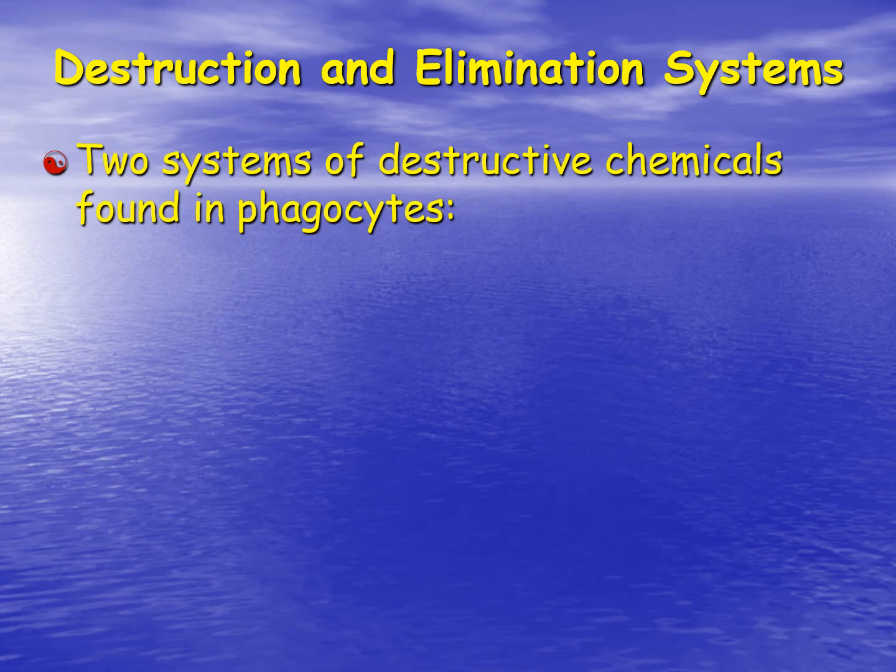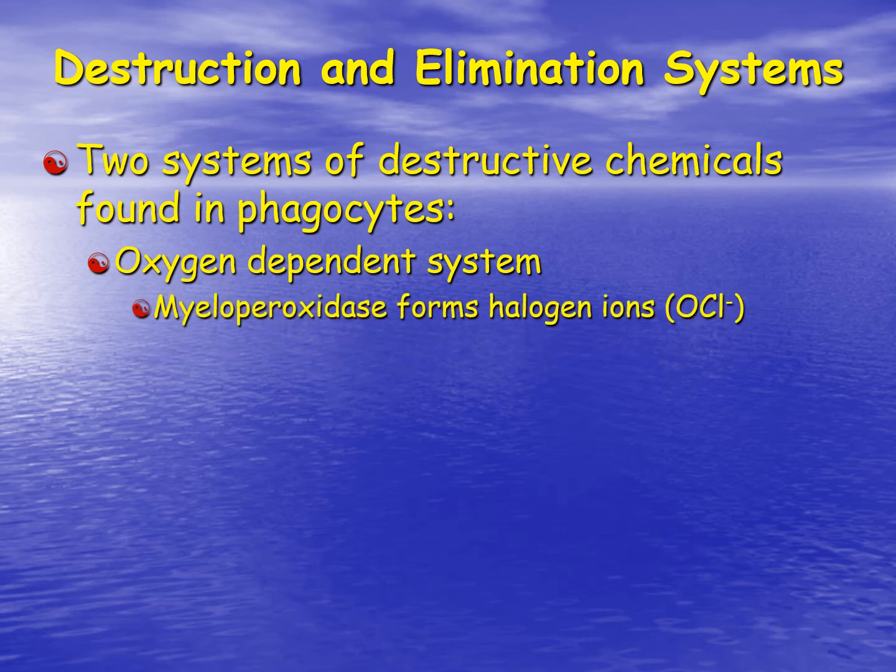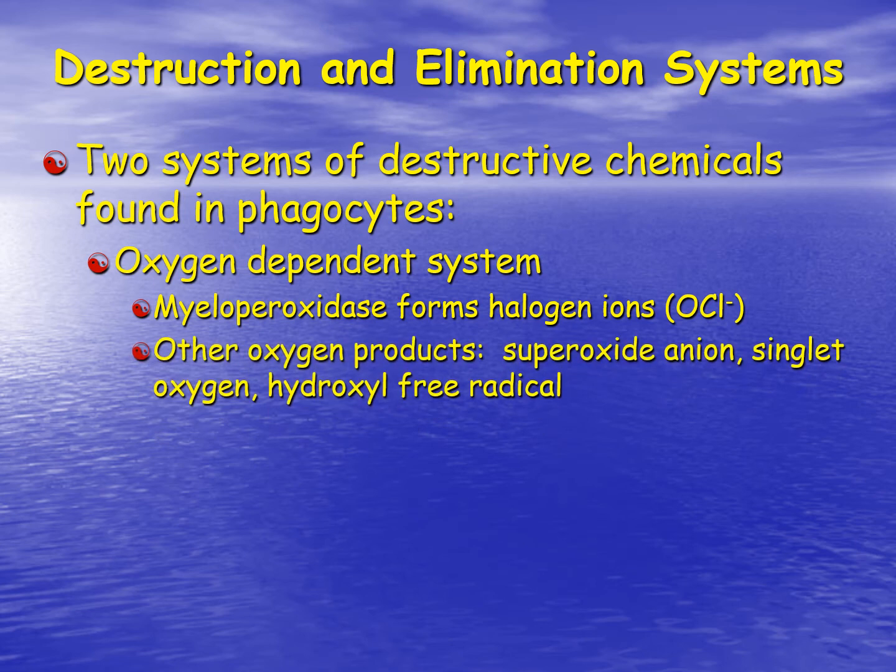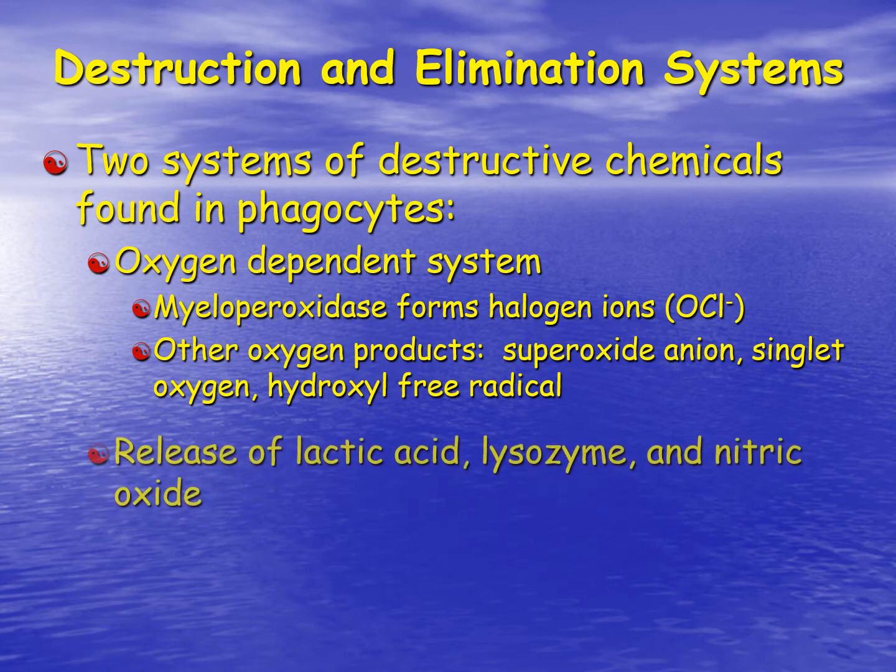Two systems of destructive chemicals are found in phagocytic cells. An oxygen-dependent system, which is actually going to use certain, again, free radicals of oxygen, and one of these is myeloperoxidase, which forms halogen ions, or OCl negative ions, and other oxygen products such as superoxide anion, singlet oxygen, and hydroxyl free radicals.